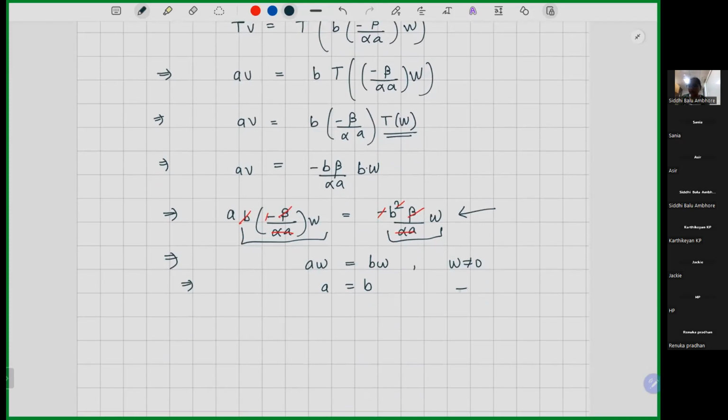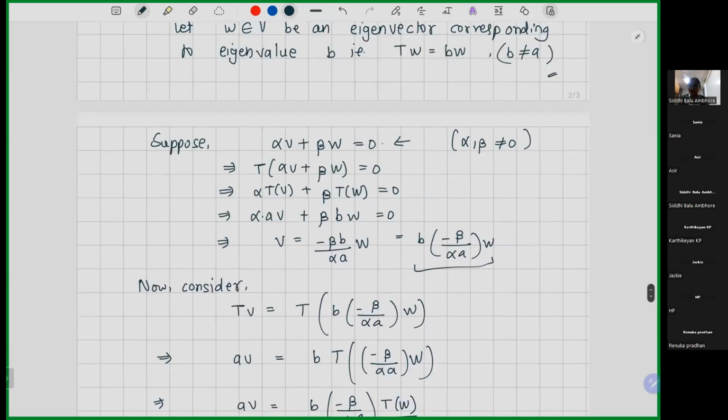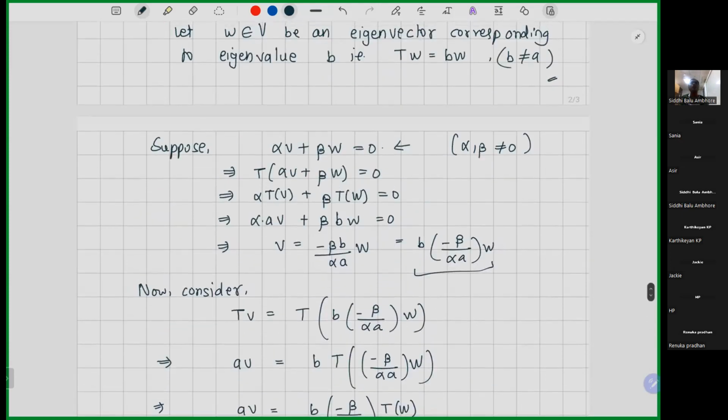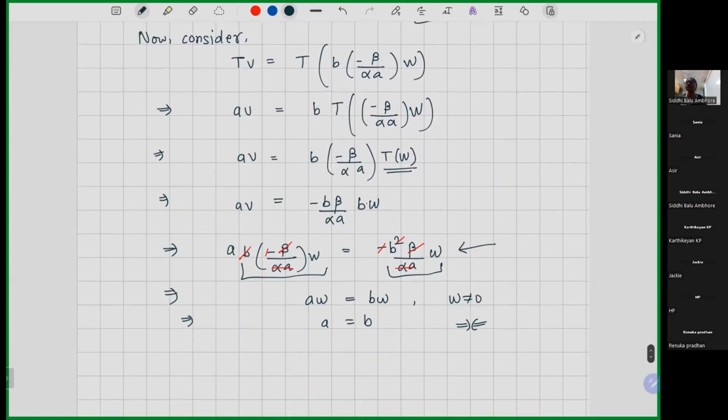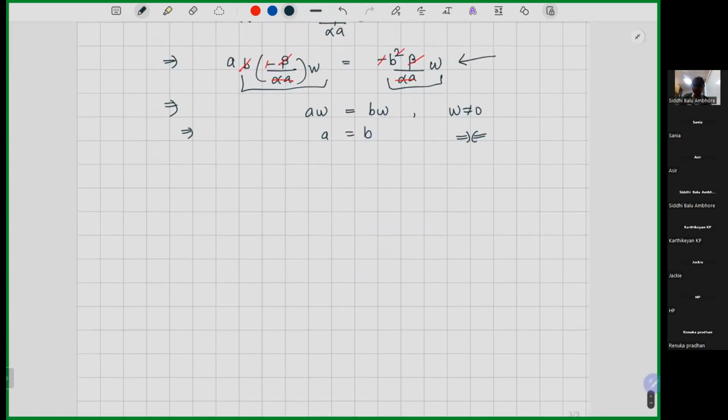So by contradiction, this statement is true because no such linear combination exists. Is it clear now? Okay. So I will move to the next question.